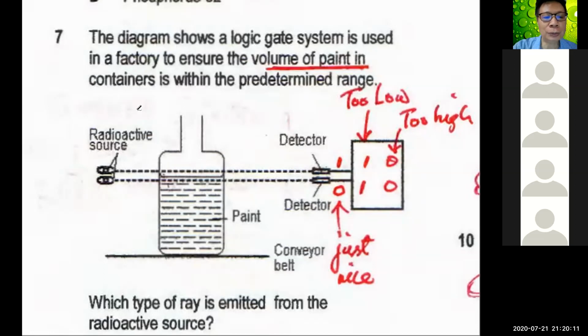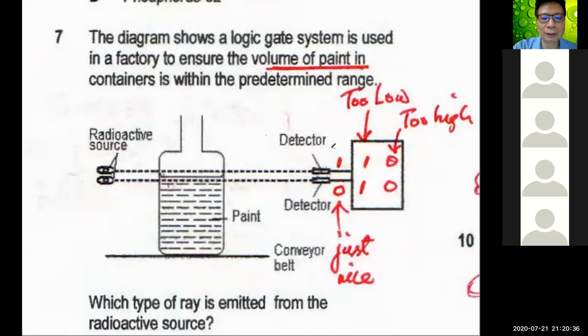They use 2 radioactive sources, one here to scan it. This one can go through straight because no paint or drink here, so it will go through straight. So detected here, high reading. The reading detected is high, so it's 1.